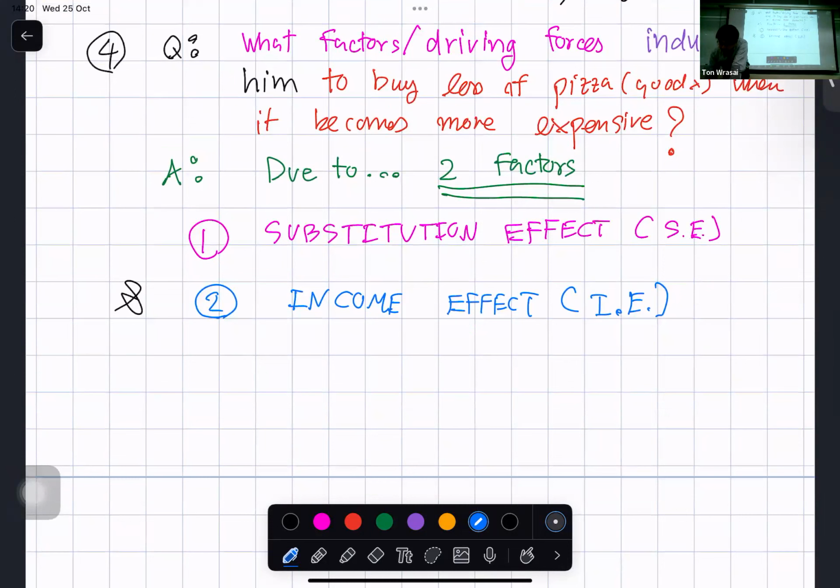Let's sum pink and blue together. If we sum the two combined effects together, we call it the total effect, TE.